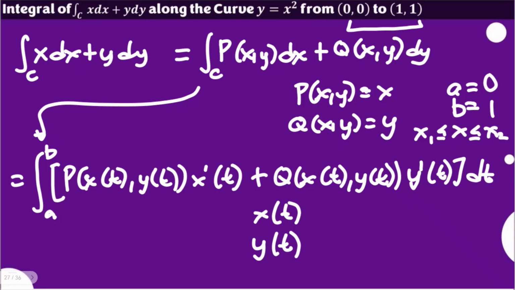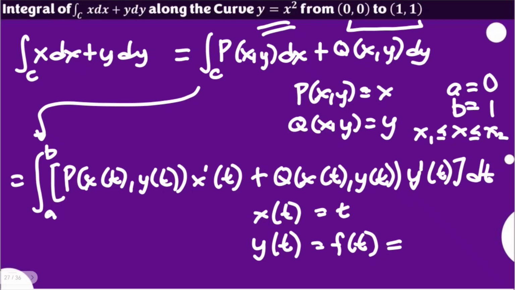Now, for your x of t, if we're talking about a parabolic curve, your x of t is just equal to t, and your y of t is equal to your f of t. Your f of t in this case is equivalent to your curve, x squared.